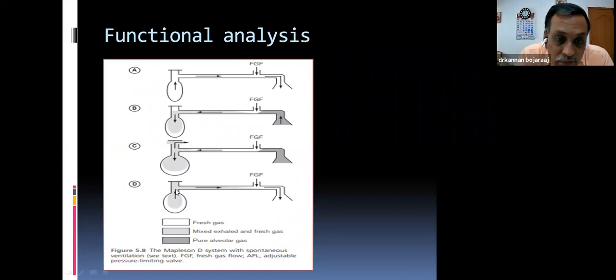And during the act of squeezing, the system is very much, and some of the gases present here, it will circuit.